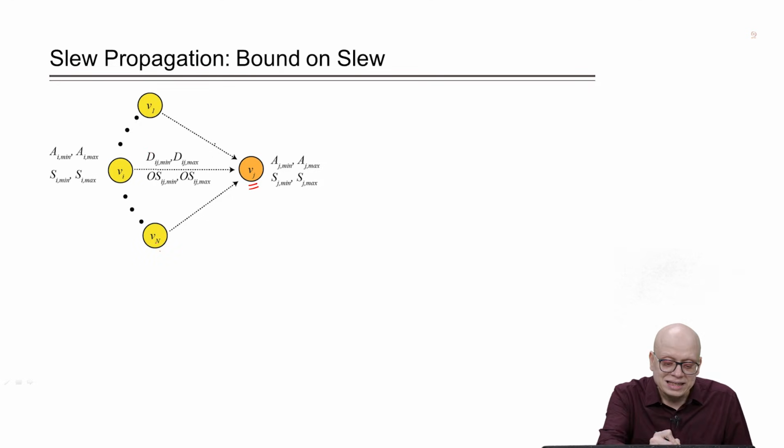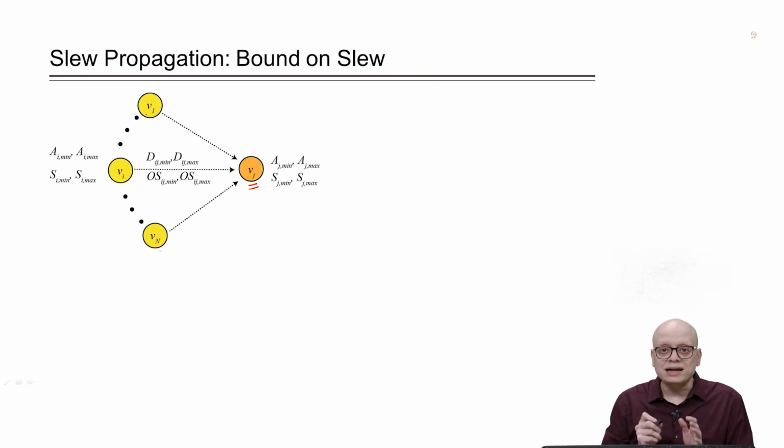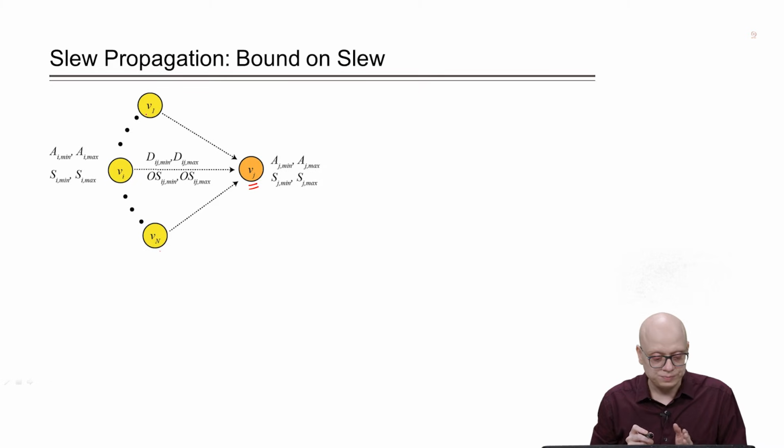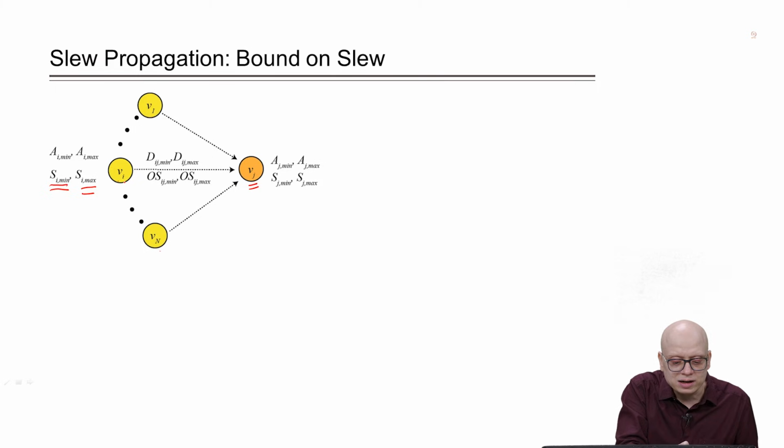Now, at each vertex, in addition to the arrival time bounds, we also store the bound on the slews, right. What is the minimum slew at the vertex Vi, that is shown as Si min, and what is the maximum slew at the incoming vertex Vi is shown as Si max, right.